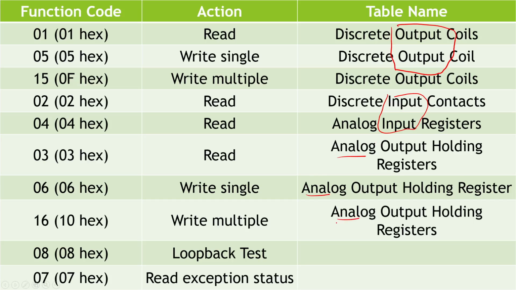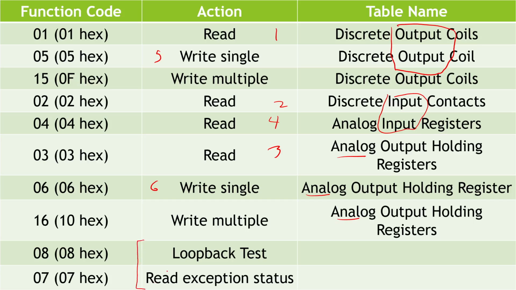All right, but if we would actually look at these in normal order, 1 is read, 2 would be another read, 3 is another read, 4 is another read. So the first 4 are all reads, and then 5 and 6 are writes. 7 and 8 are some kind of specialty ones.